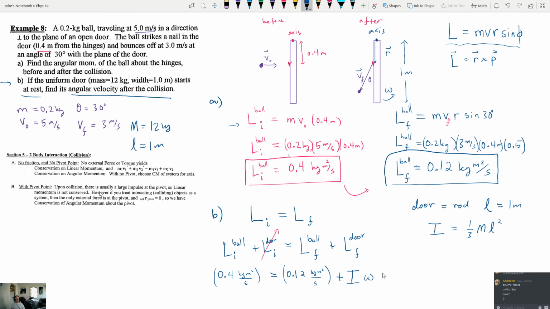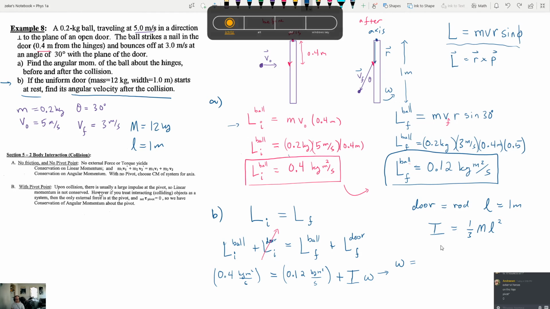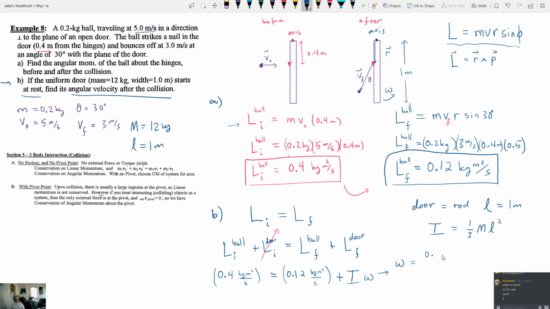So what we'll get is omega is going to be equal to, so 0.4 minus 0.12 will be 0.28, right? And we just need to divide that by I, which is 1 over 3 times big M, which is 12, times L, which is a meter squared.